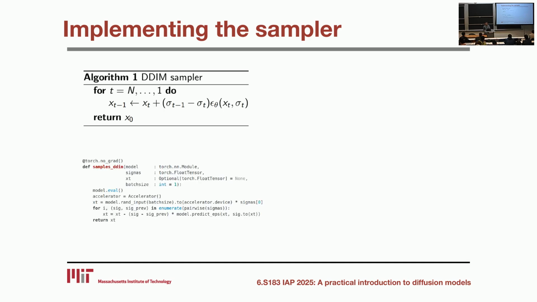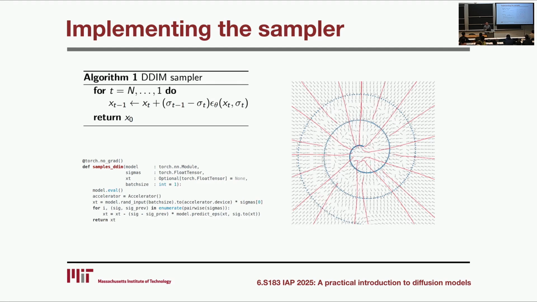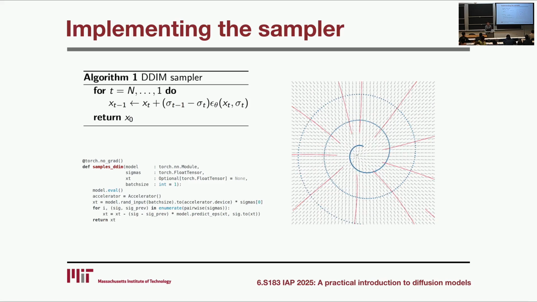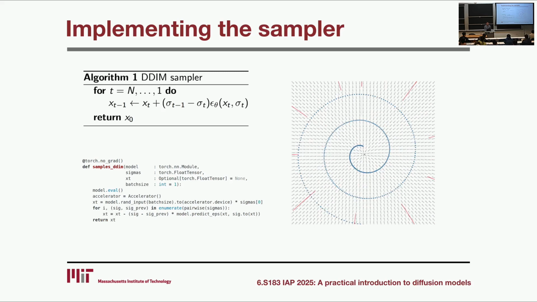And the code to implement this is also very simple. It implements this algorithm, and this is what happens when you implement it using the learned denoiser that we trained just now. The red lines here represent this xt, but you're starting at different points.